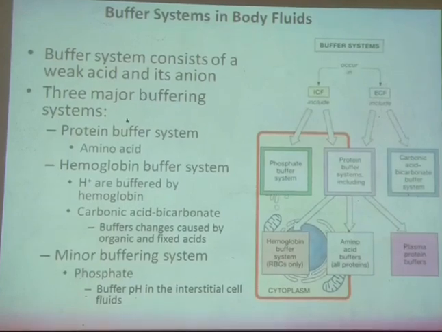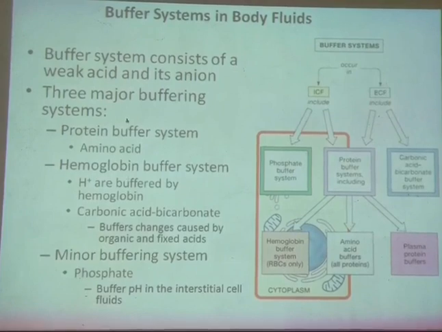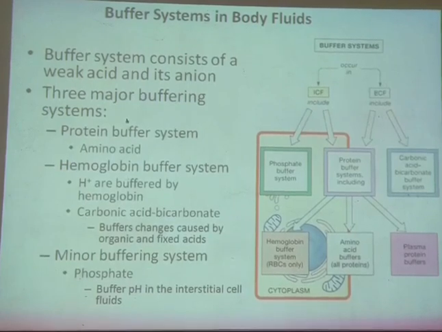If you take the human being, the biological buffer system, in our body we have two different buffer systems: extracellular fluid and intracellular fluid. The extracellular fluid includes the carbonic acid and bicarbonate buffer system, the best example, which is present in the blood.